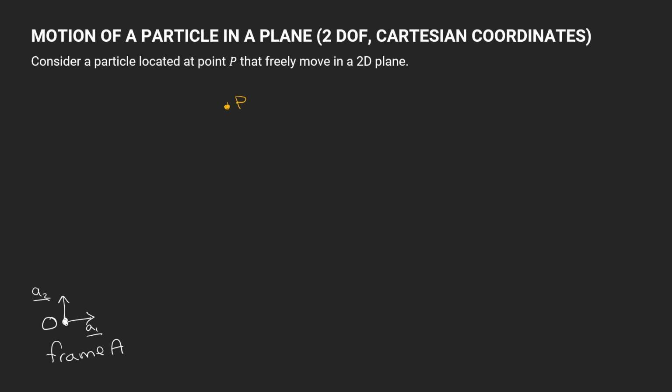Now the location of point P in frame A is defined by the following vector, which is drawn from point O, the origin of frame A, to point P. And this vector here is what we will refer to as the position vector.